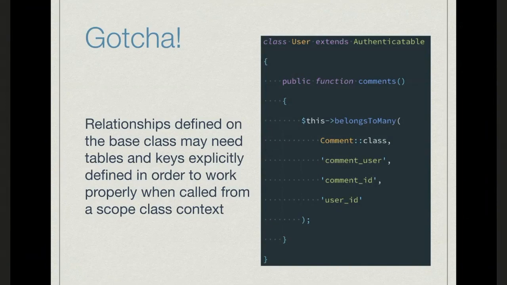So if we had some public forums, and both employees and customers could comment on those forums, and we had this comments relationship, you would have to explicitly define as the second, third, and fourth arguments the proper table name and the proper foreign keys to tell Eloquent where to go find that stuff, right? Because otherwise, if you say, give me the first employee's comments, it's not going to know how to do that because it's going to look at employee underscore user instead of comment underscore user.